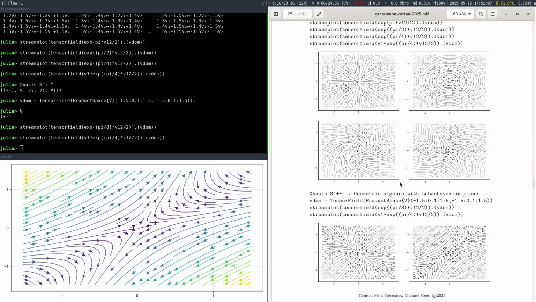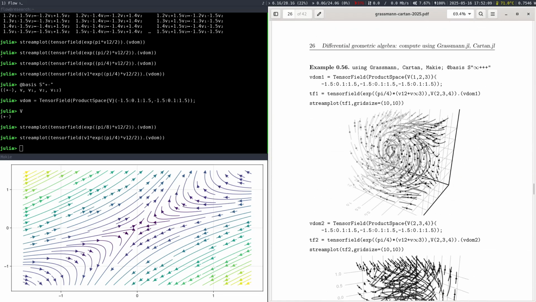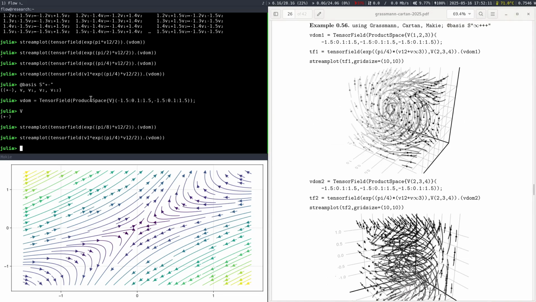Okay, so we've taken a look at some of these examples. Now let's take a look at three-dimensional examples.